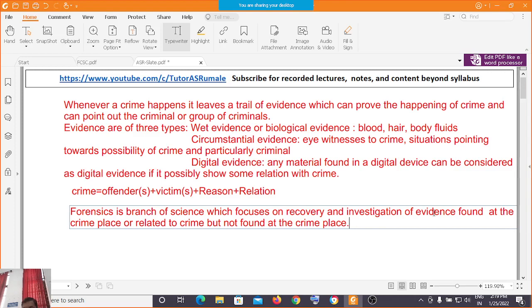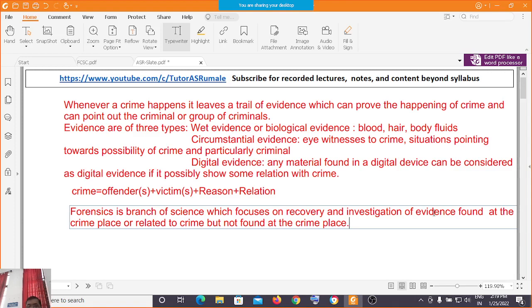Then the neighbor told them that a month before, her husband had come to visit her. They went through her husband's things and found that he had searched on the internet for seven to eight months regarding arsenic and how to administer it into edibles. He collected that data and used it. So that data on the internet wasn't available at the place of crime, but it was related to the crime. That is forensic science.